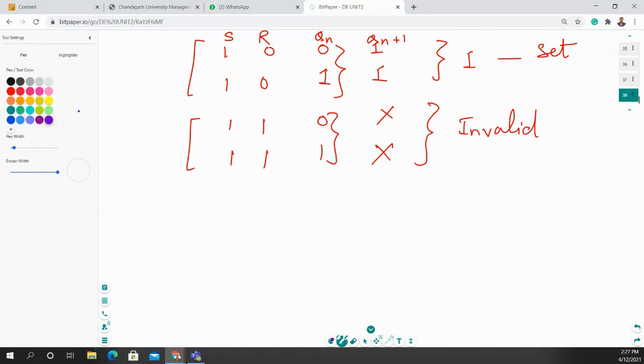You have to design the K map for this particular circuit.